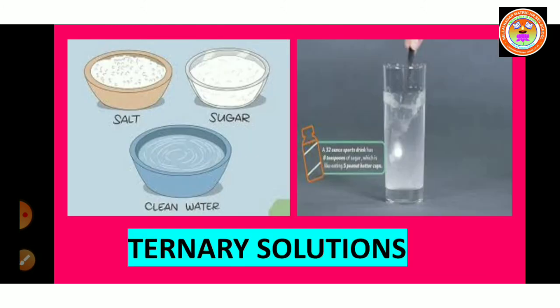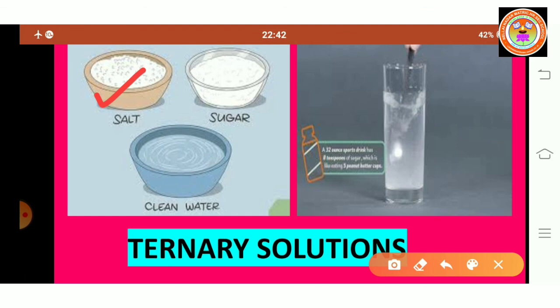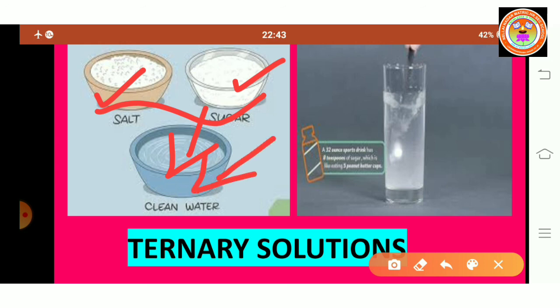Similarly, a solution may contain more than two components. For example, if salt and sugar are added to water, both dissolve in water, forming a solution. Here, two solutes, salt and sugar, are dissolved in one solvent, that is water.